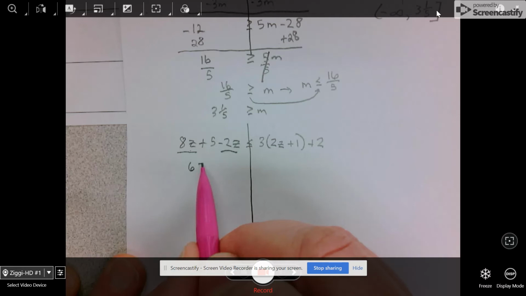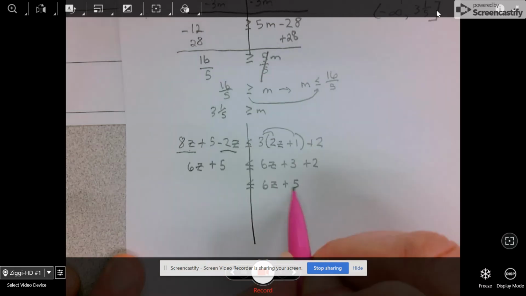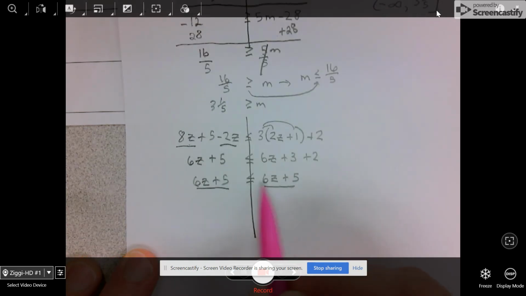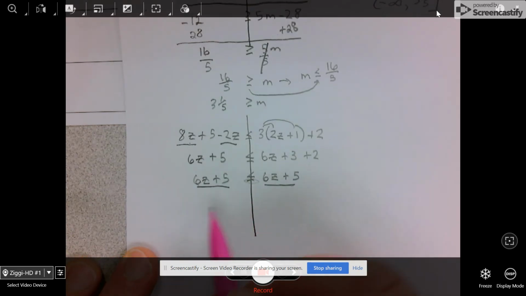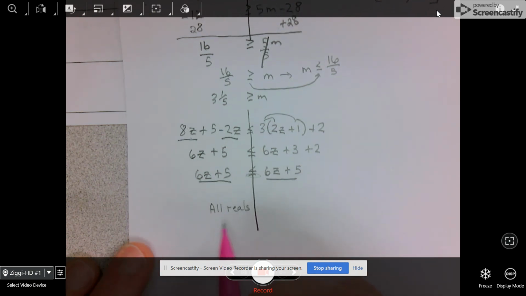So my solution is all real numbers. And to put that on a number line, I make my number line and I just make sure that it's clearly dark, that I'm shading everything. To write this in interval notation, follow your arrow. That's an infinity. Follow your arrow. That's an infinity. So negative infinity to positive infinity, all real solutions.